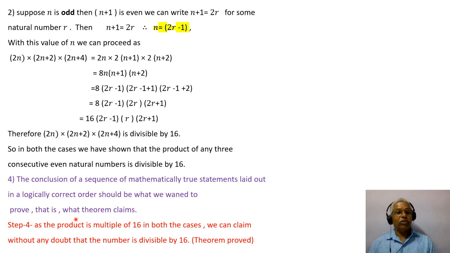That is what the theorem claims. That means we must have logical statements in the proper order. We have discussed this earlier. Step 4: as the product is a multiple of 16 in both the cases, we can claim without any doubt that the number is divisible by 16. So this proves the theorem.